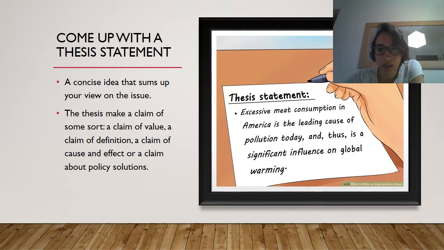As you can see, take a look. The effect is pollution, and the cause of pollution is meat consumption, actually excessive meat consumption, right? And ultimately, pollution causes global warming. All right?